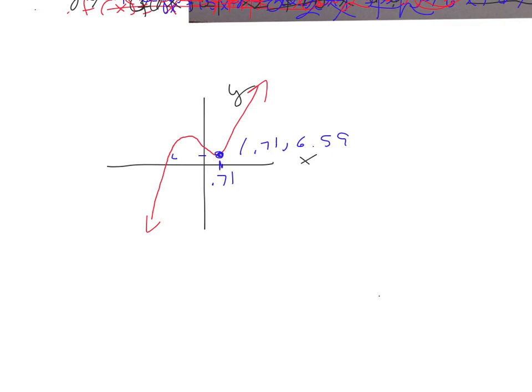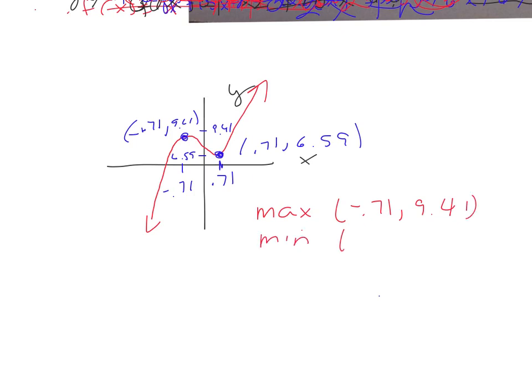The y value would be 6.59. My max would be negative 0.71, comma 9.41. Okay, so this is negative 0.71 and then 9.41. Make sure you label them because I have two of them. So my max would be negative 0.71, comma 9.41. And my min would be 0.71, comma 6.59.